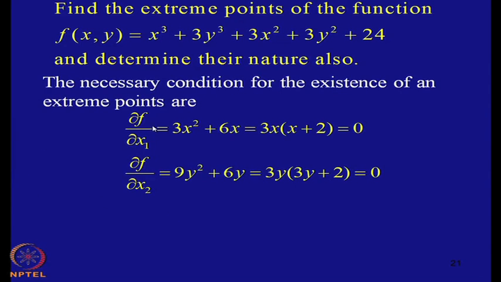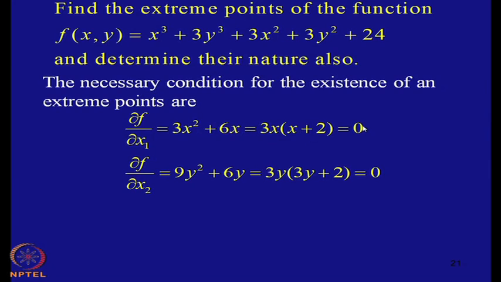That is why we will take the first order partial derivatives with respect to the individual decision variables, and we will equate them to 0. Del f by del x is 3x square plus 6x, that is equal to 3x into x plus 2, and this we are equating to 0.